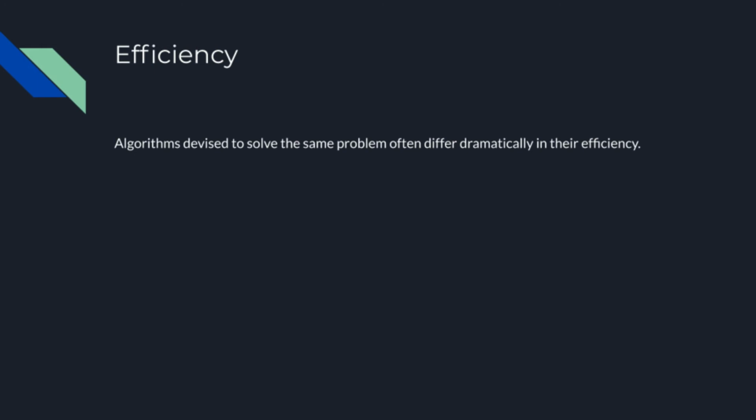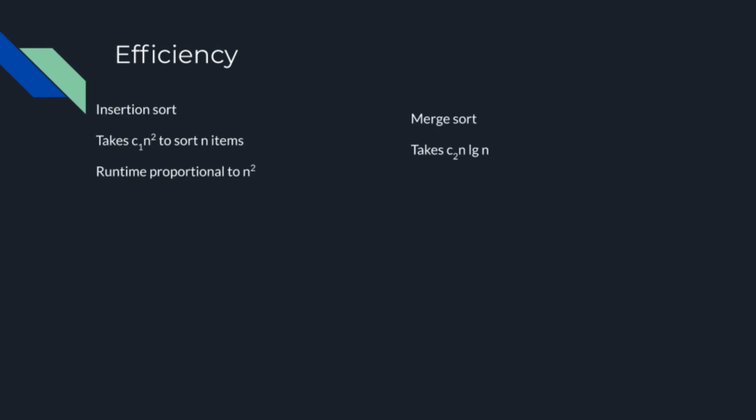Efficiency. Algorithms devised to solve the same problem often differ dramatically in their efficiency. These differences can be much more significant than differences due to hardware and software. As an example, in upcoming presentations, we will see two algorithms for sorting.